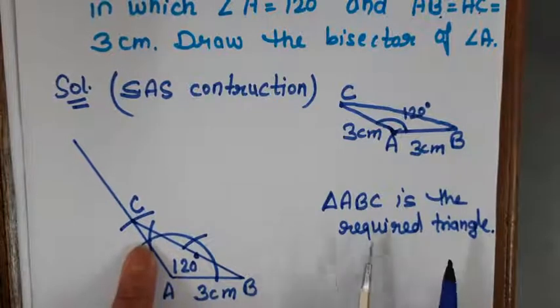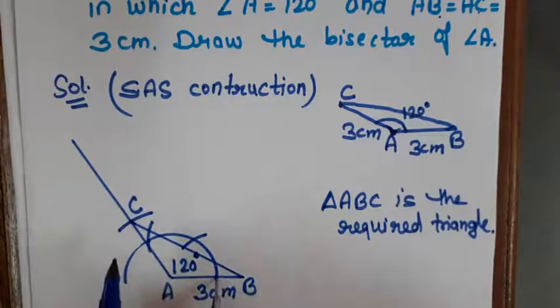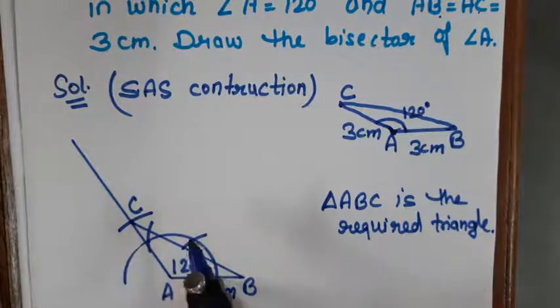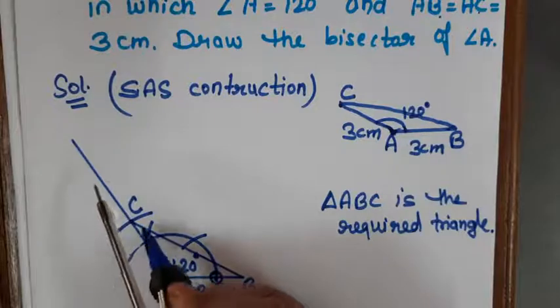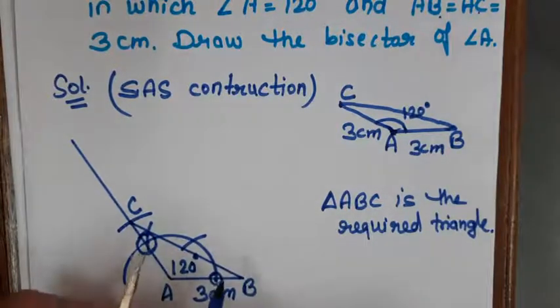How will the bisector of angle A be drawn? You have to open your compass more than half of 120 degree. 120 degree measure is this, right? From this point to this point, these 2 points, right?